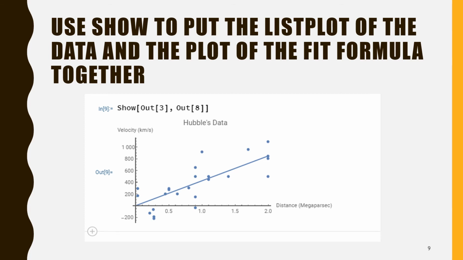Out 3 was the ListPlot of the data with the axes labeled and the title, and out 8 was the plot of the Normal version of the fit equation. And this put them together, so we see the line going through the data.